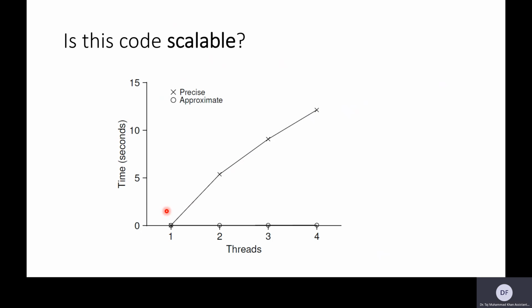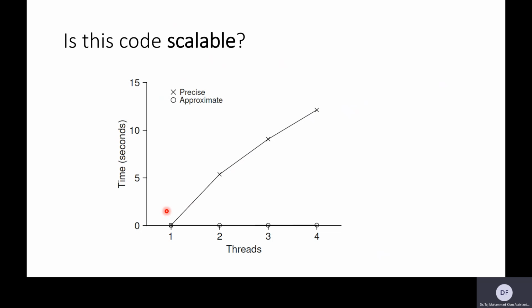Only one thread is able to increment the global value. All the other threads are running on multiple processors, but they are just waiting for the lock. Because of mutual exclusion, only one thread will be able to enter the critical section, access the lock and the global value, and update it.